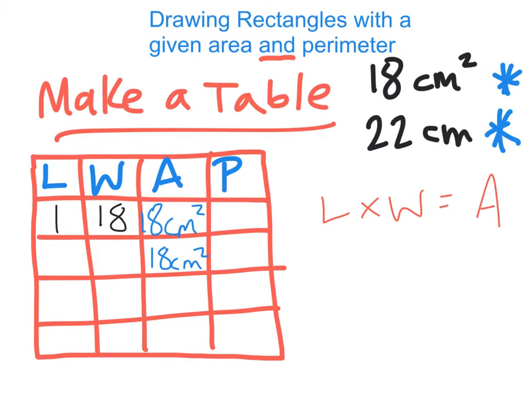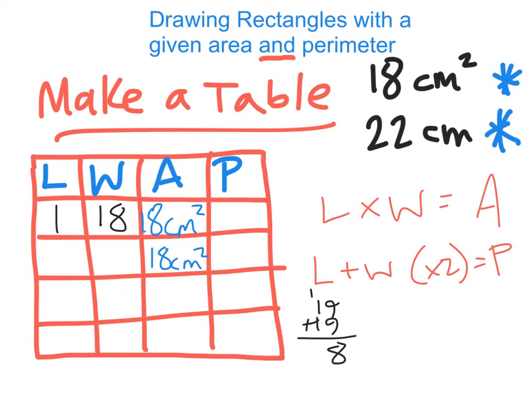Remember that perimeter is length plus width times 2. So in my first example, 1 plus 18 is 19. And if I go 19 times 2, which is like 19 plus 19, I get 38.